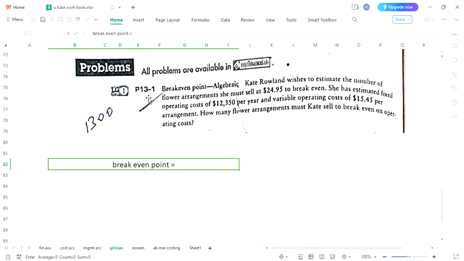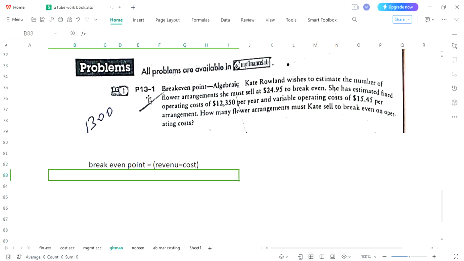So you can call that a stage where revenue is equal to cost. You may call it when there is no profit, no loss, or when your final profit is nil. That means you are not earning anything. So break even point is a point where your revenues are equal to your cost.